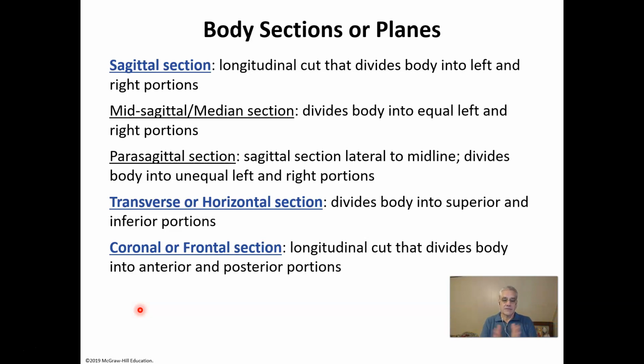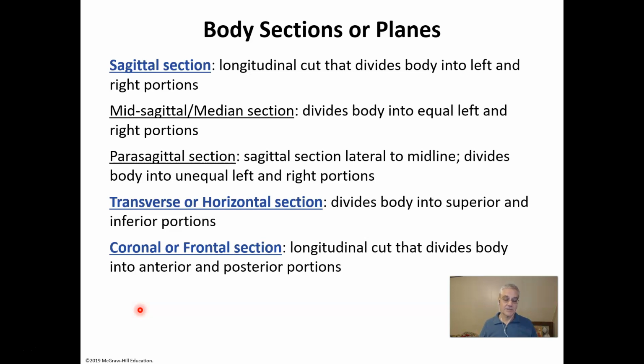There's a very special section of the sagittal plane that's called the mid-sagittal plane, or the median plane. The median plane splits me right down the middle and makes me a roughly even left half and right half. So that's the only plane that can do that.